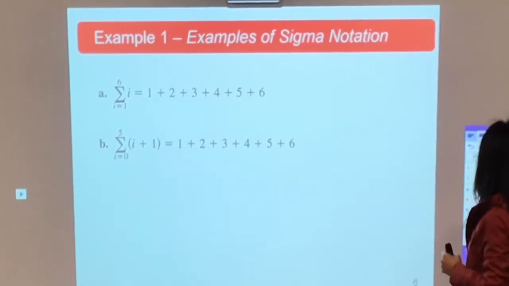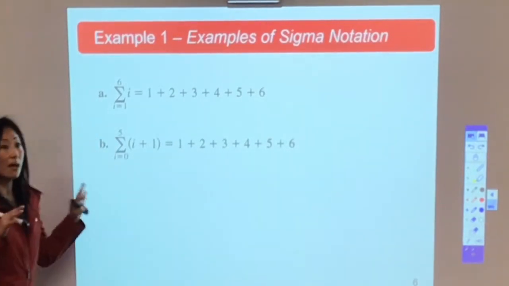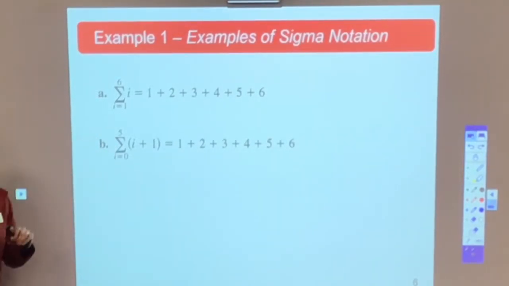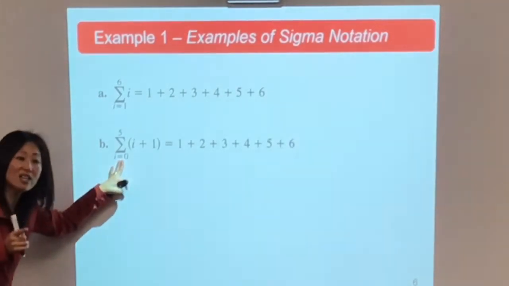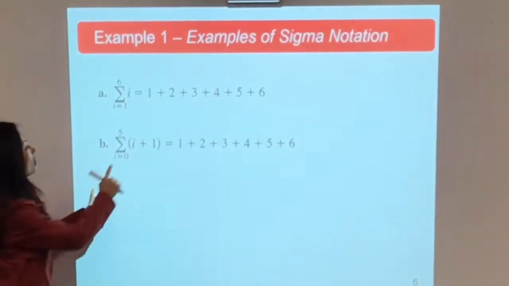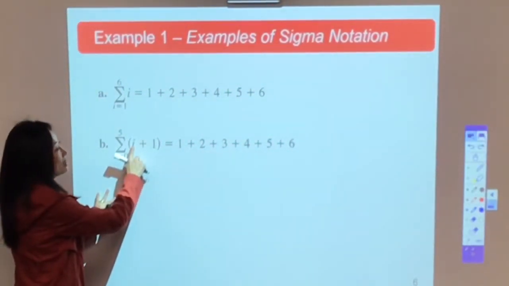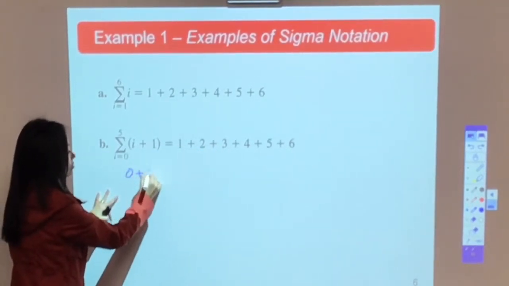It's tough, so I want to teach you this so you know what this summation means. It goes from 0 to 5. i does not start at 1, it starts at 0. So I need to plug in i. I'm not going to skip any step. You have 0 plus 1.